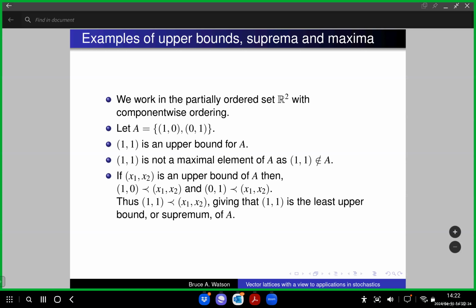This gives us that (1, 1) has to be a predecessor of (x1, x2), giving that (1, 1) is the least upper bound. Because any other upper bound (x1, x2) is comparable with (1, 1), and (1, 1) is a predecessor to it. So (1, 1) is the least upper bound, or supremum, of A.